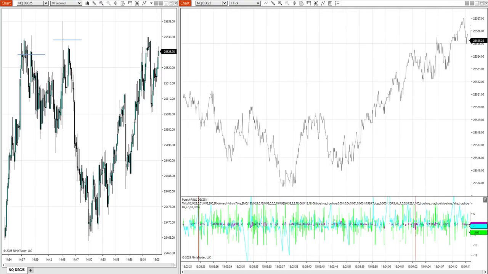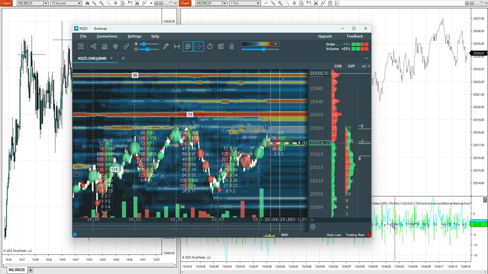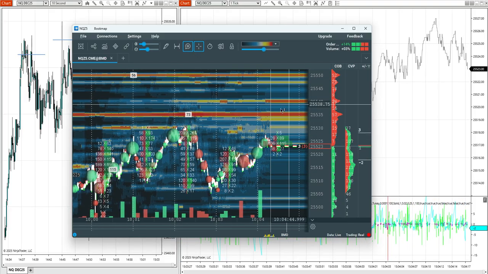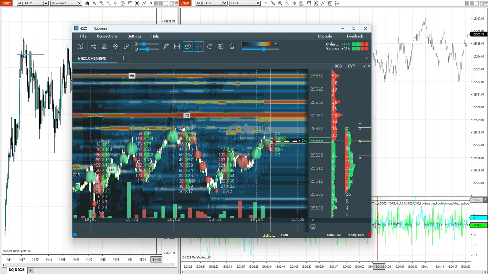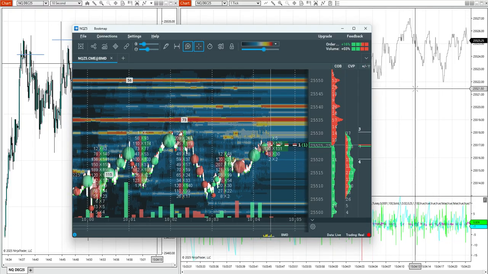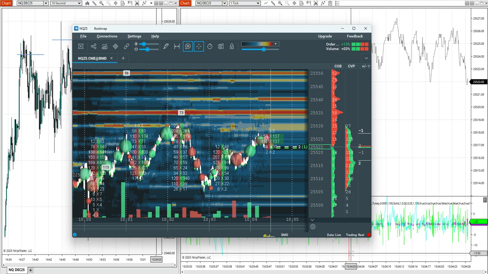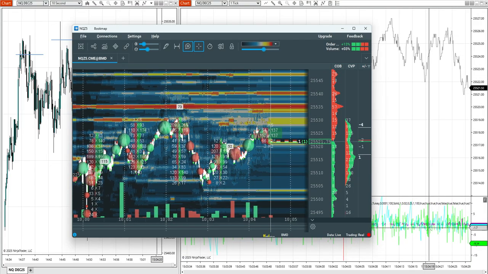So on Bookmap we just get a better visual. You can see when we're coming into these levels, and then if we smack into it and we get a red vertical line, that's telling us it's a higher probability short and it's statistically significant based on the filters.